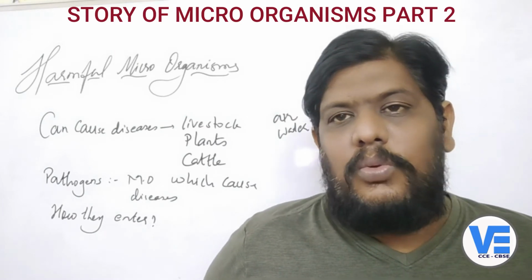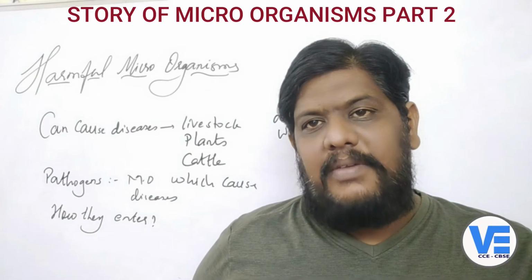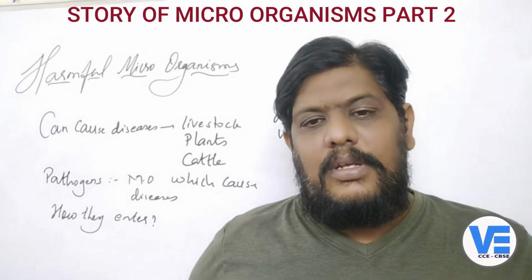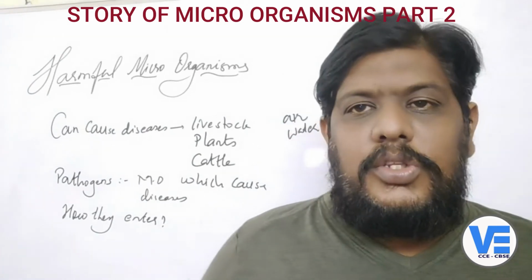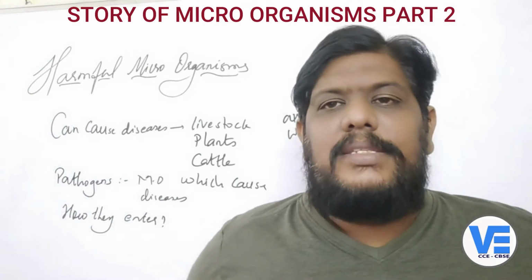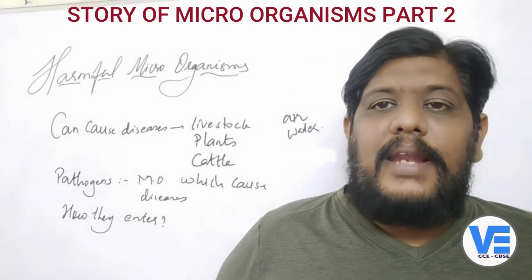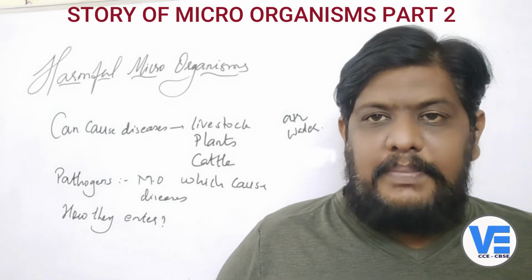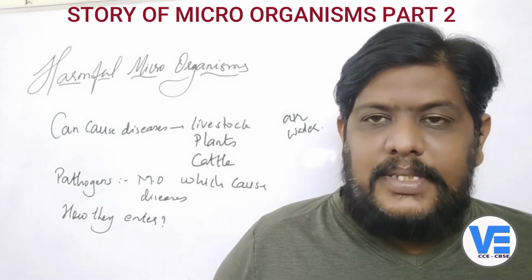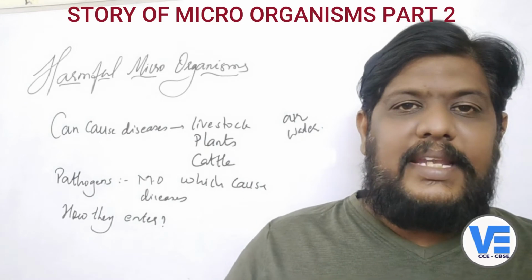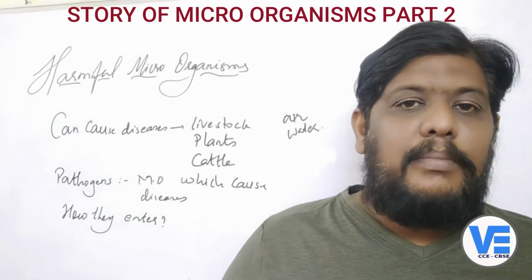That means the disease can spread from one healthy person to another. These kinds of viruses, bacteria or microorganisms can transfer from a sick person to a healthy person. These kinds of diseases are called communicable diseases.